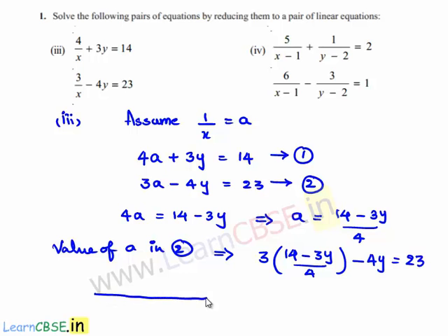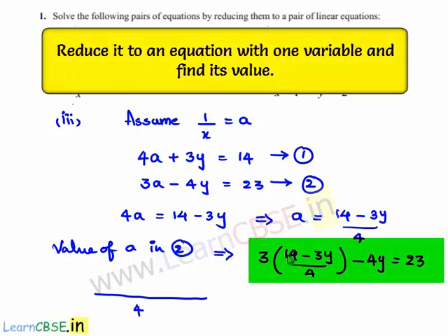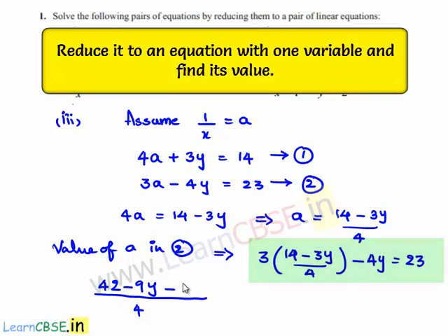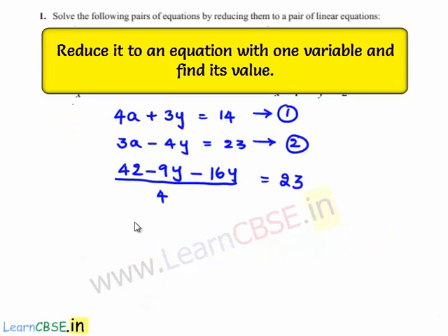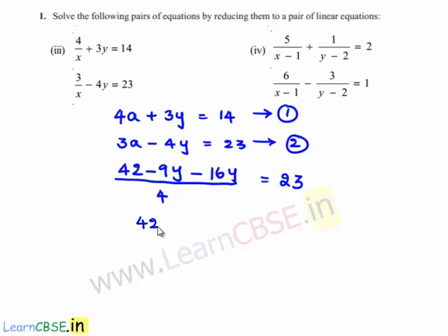Now the LCM would be 4 and 3 times 14 is 42. This becomes 42 minus 9y minus 4 times 4y, which is 16y, is equal to 23.